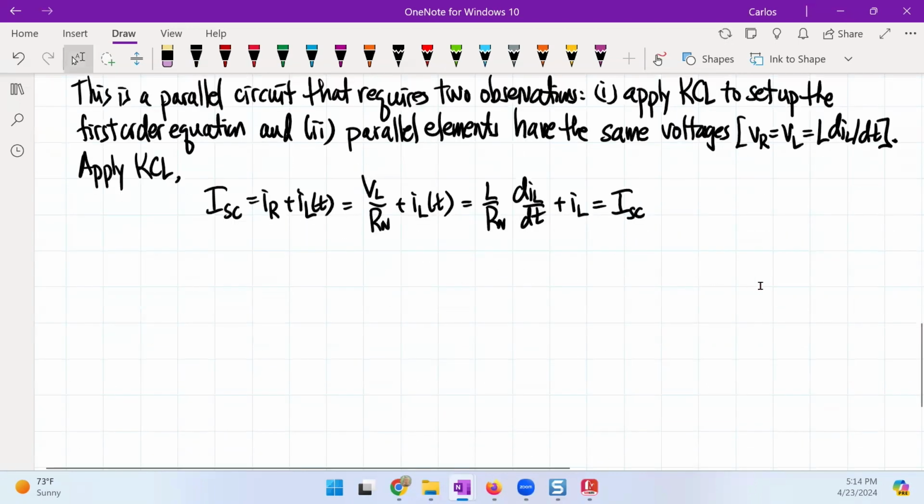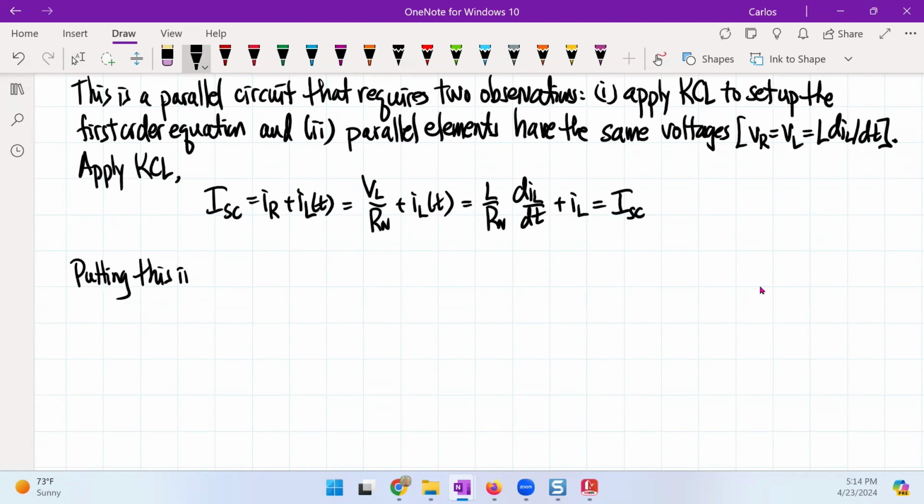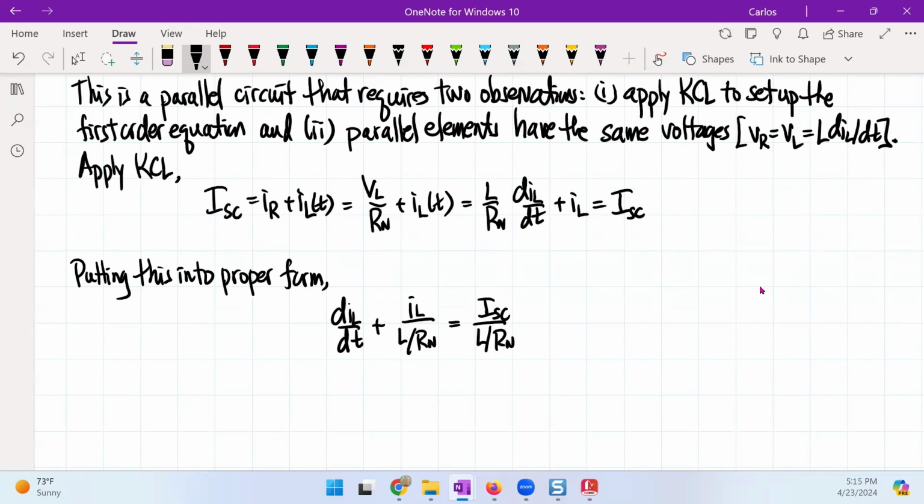But we have to isolate the derivative term. So putting this into proper form, we see that this is going to be dIL/dt plus IL divided by L over Rn equals I short circuit divided by L over Rn.